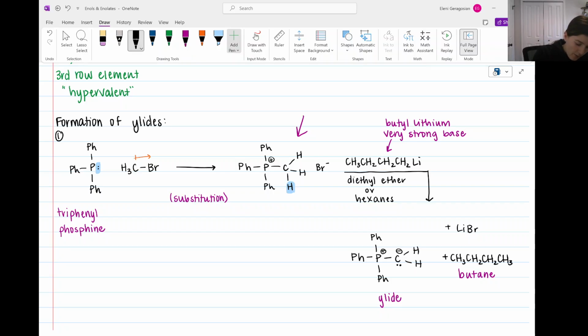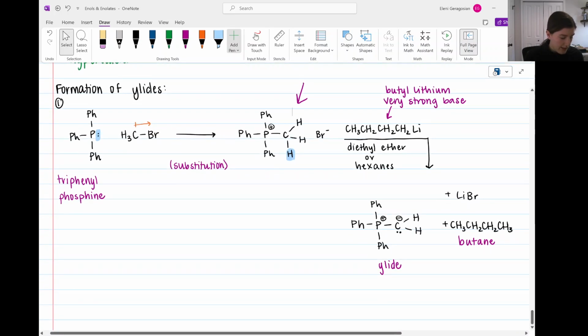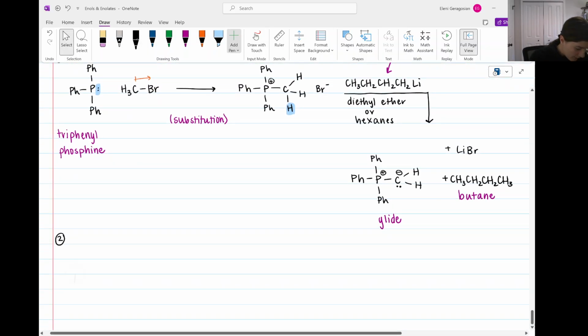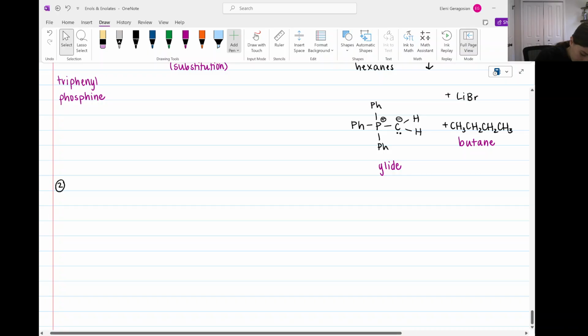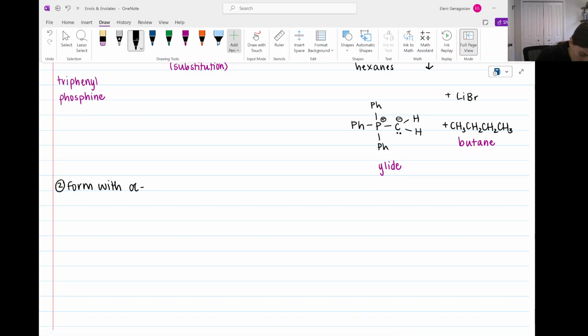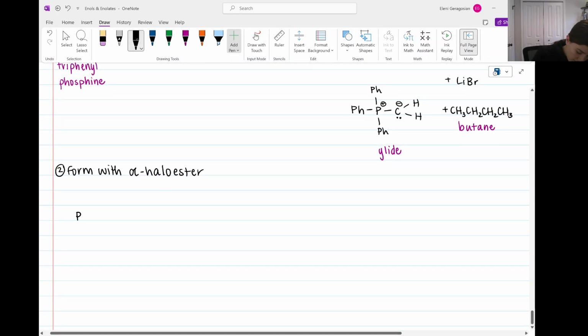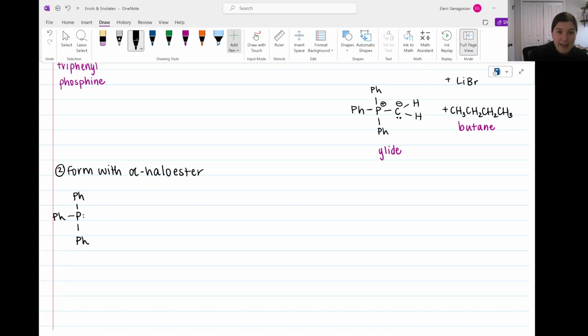Another way, the second way that we'll discuss to form an ylide is through using an alpha haloester. So, second option, with an alpha haloester. So again, we have triphenylphosphine. And we have an alpha haloester.